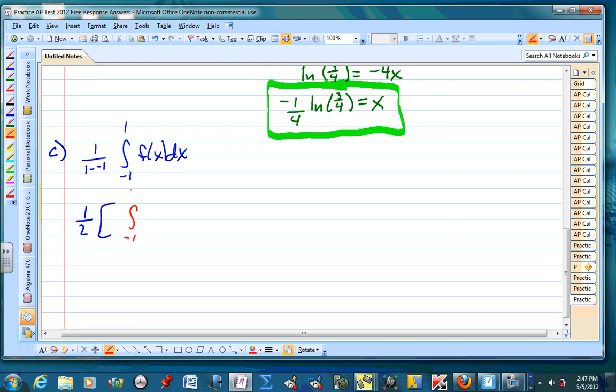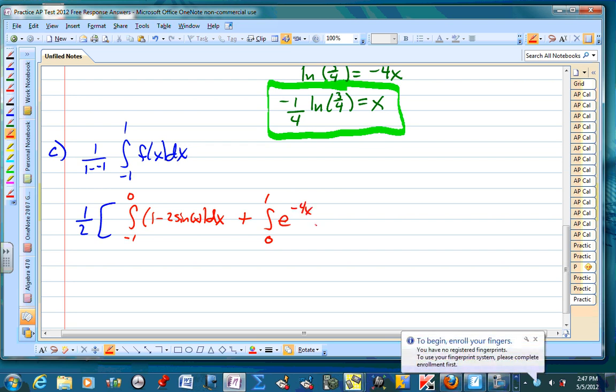Let's integrate from negative 1 to 0 of 1 minus 2 times sine of x dx. And then let's add to that the integral from 0 to 1 of e to the negative 4x dx.